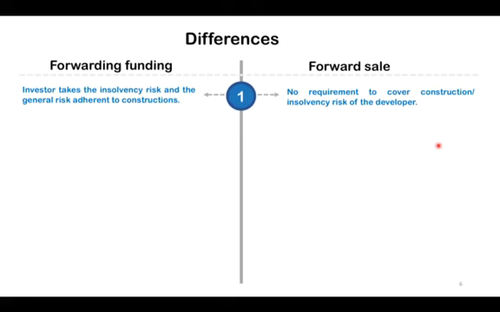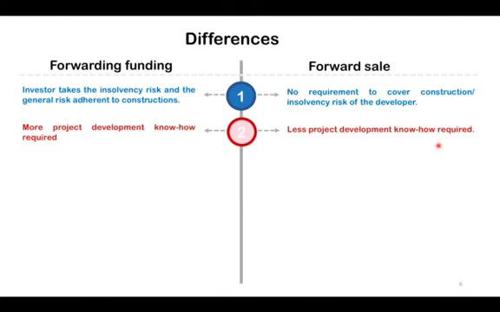On the other hand, for a forward sale, there's no requirement to cover construction insolvency risk of the developer. The second difference we would observe is that more project development know-how is required by the investor, unlike the case of a forward sale where less project development know-how is required.